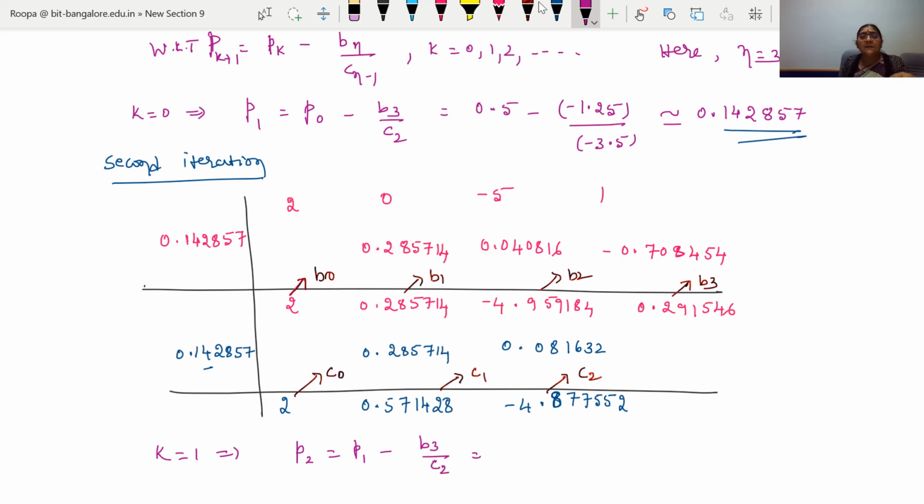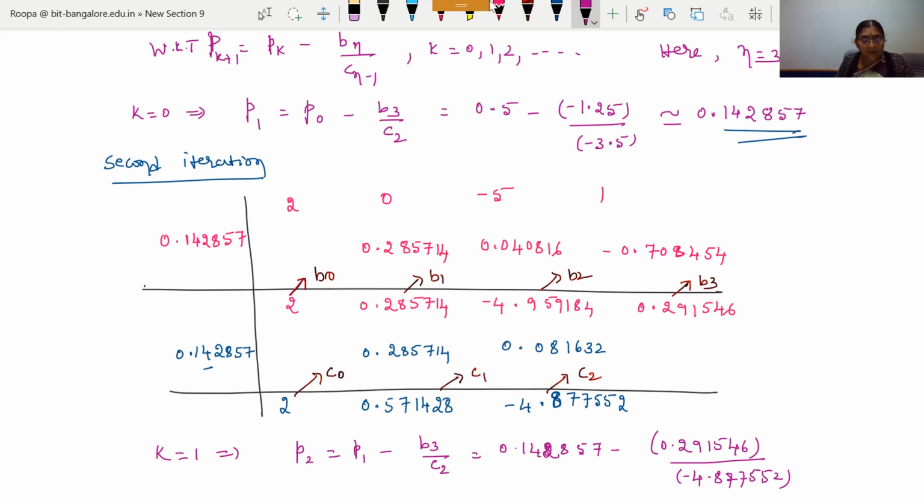For the second iteration: 0.142857 minus B3, 0.291546, divided by C2, minus 4.87755.